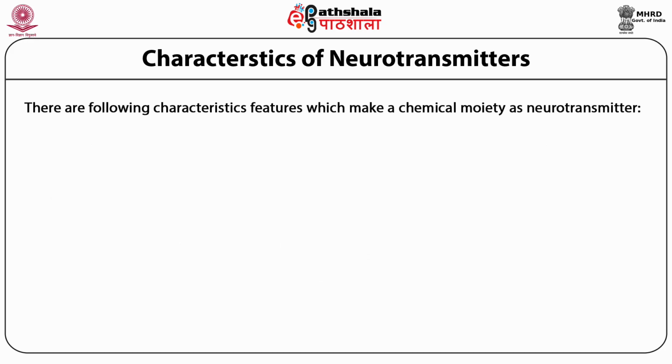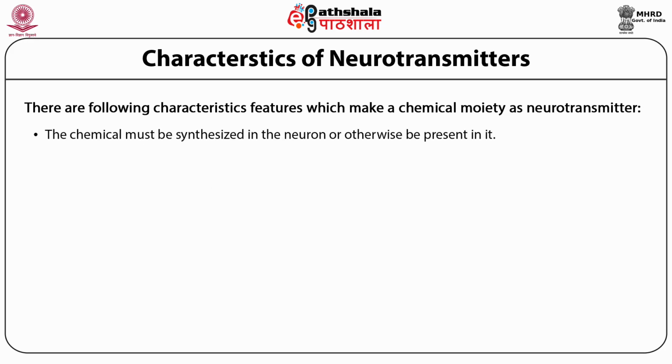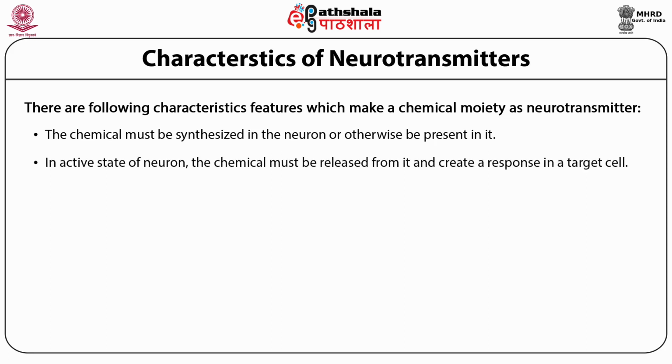There are the following characteristic features which can make a chemical moiety a neurotransmitter. Number 1. The chemical must be synthesized in the neuron or otherwise be present in it. Number 2. In the active state of the neuron, the chemical must be released from it and create a response in a target cell. Number 3.